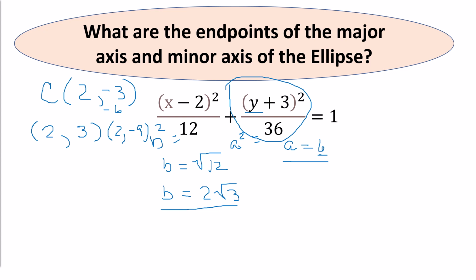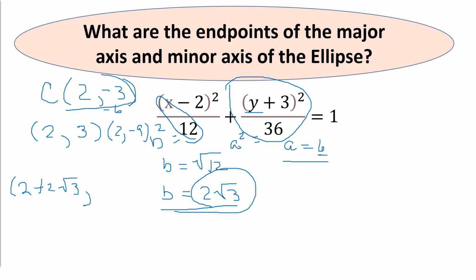Now let's find the endpoints of the minor axis. Minor axis goes with the smaller number, so to the x coordinate, we're going to add and subtract 2 square roots of 3. So it's going to be 2 plus 2 square roots of 3. And go back to the center.